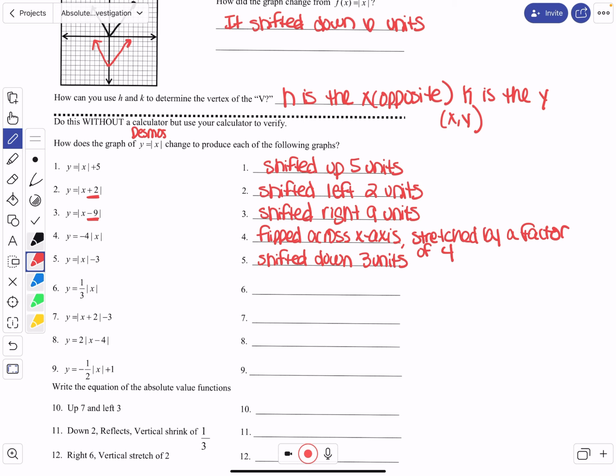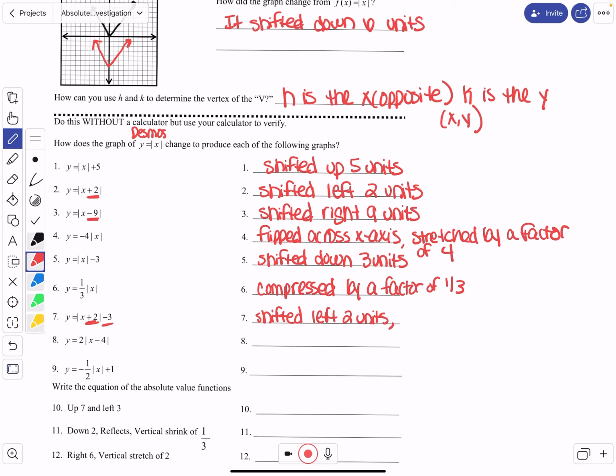Number 6 is compressed by a factor of 1/3. Number 7, we got 2 things going on. You got the +2 on the inside, so it is shifted left 2 units.